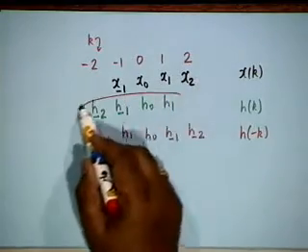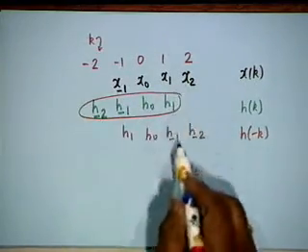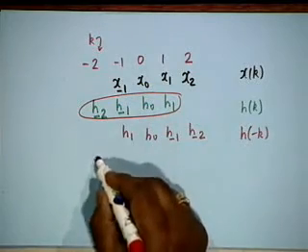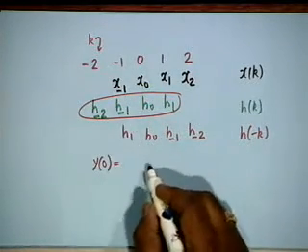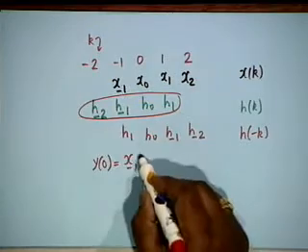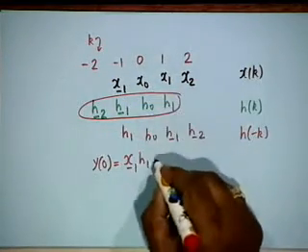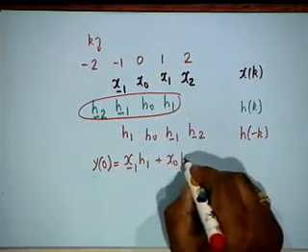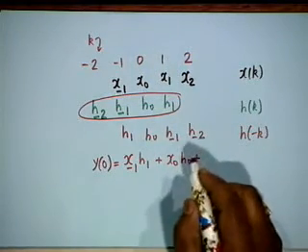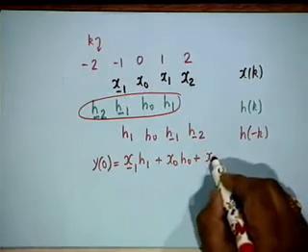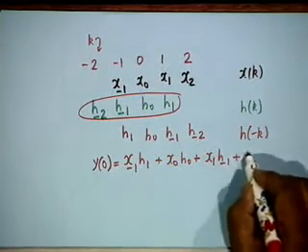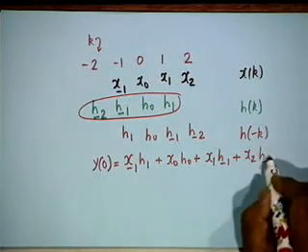Alright, and therefore, concentrate now on these corresponding signals. Therefore, y of 0 shall be equal to x of minus 1 h1, the corresponding signals are multiplied, then plus x0 h0 plus x1 h of minus 1 plus x2 h of minus 2.